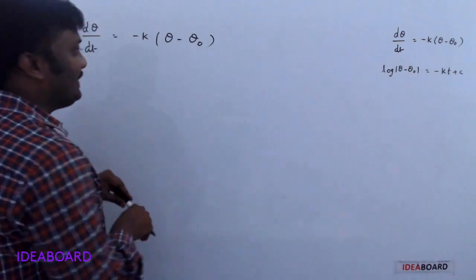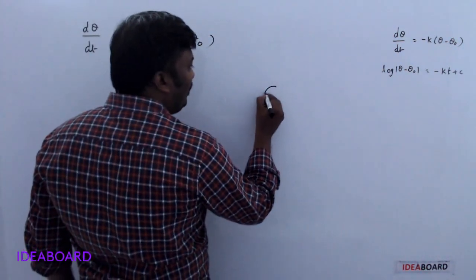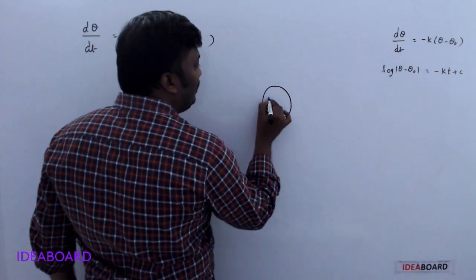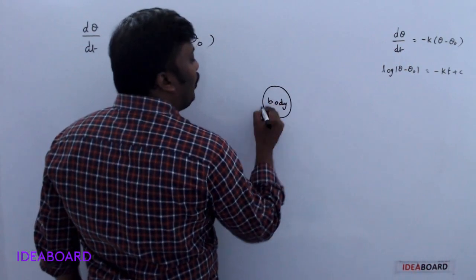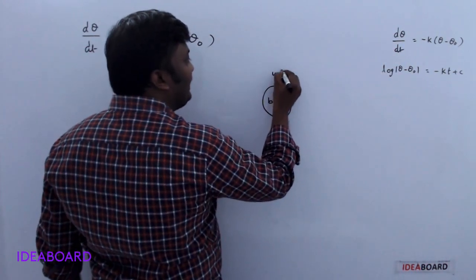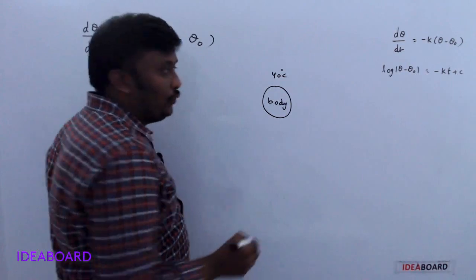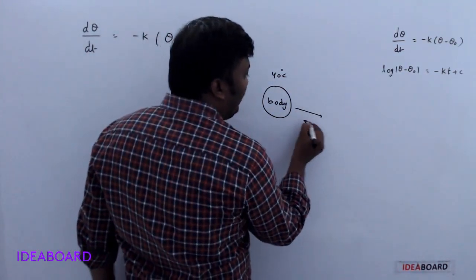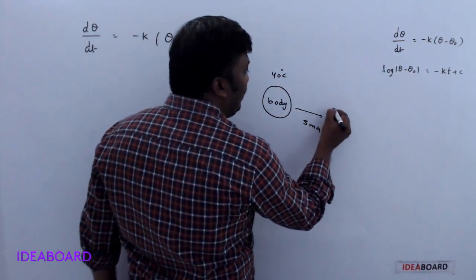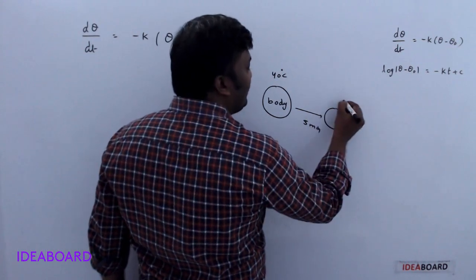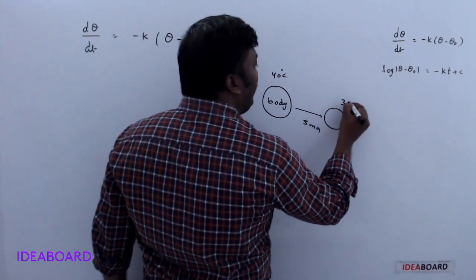Okay, let us take one example here. Suppose the body temperature is 40 degrees Celsius. After 5 minutes, the body temperature becomes 35 degrees Celsius.